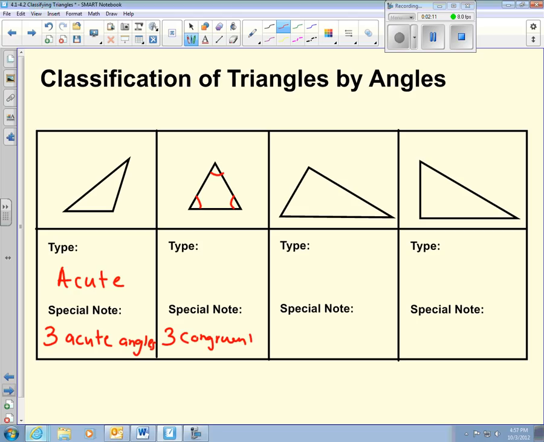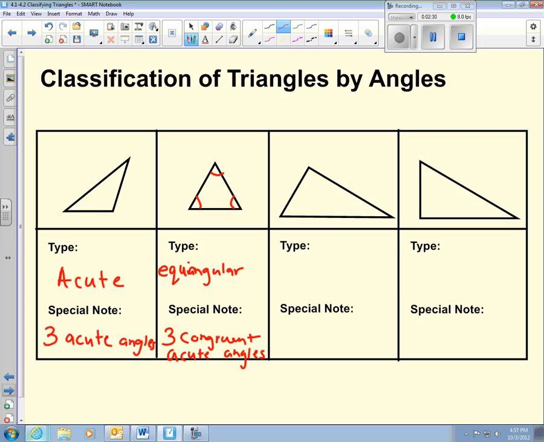And if we look really closely, those are 3 congruent acute angles. And we call this one an equiangular triangle. Equiangular. That's quite a mouthful.